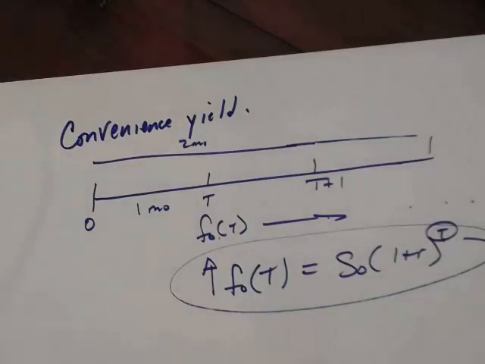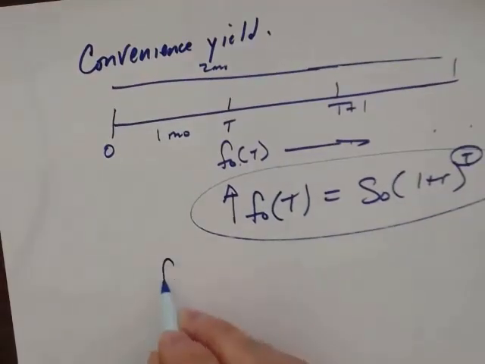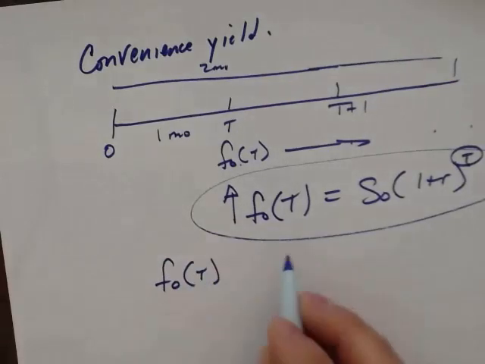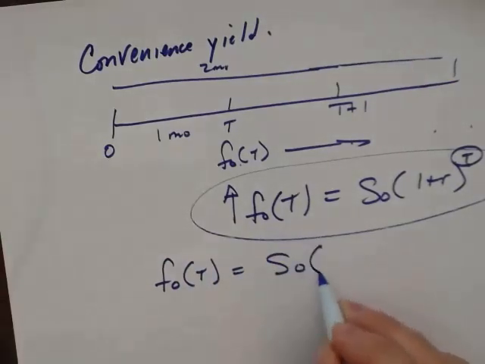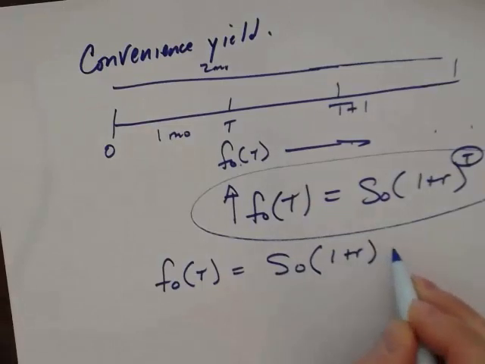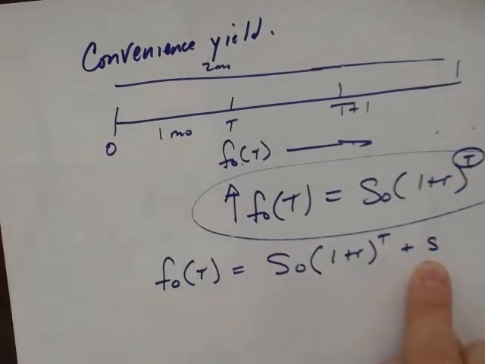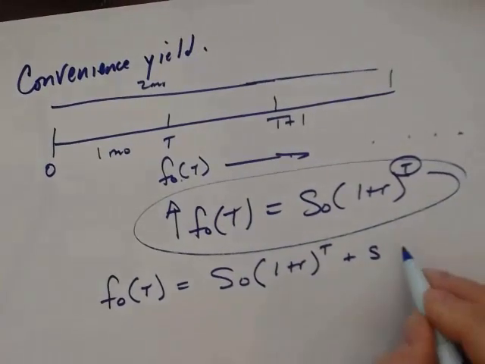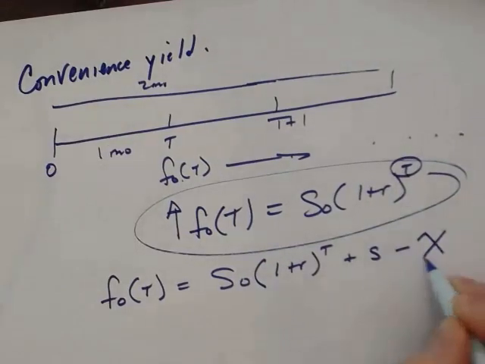That's where the concept of convenience yield comes into play. And so the formula for that is this. It's a cash and carry model like we've seen before. Plus, there may be some costs associated with carrying oil, like insurance costs, warehousing costs, and so on. But there's a convenience yield, denoted as capital chi, that represents a reduction in the cost. And that's because it's convenient to hold oil in a cash and carry situation.